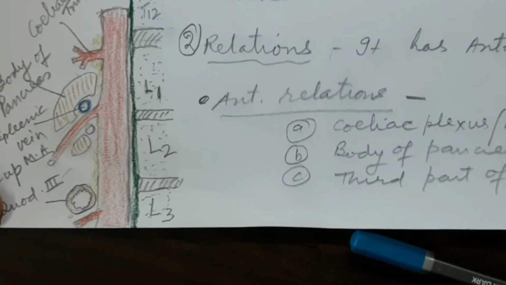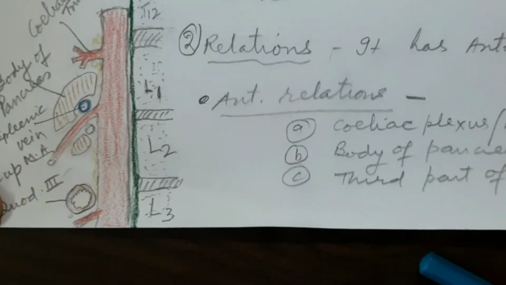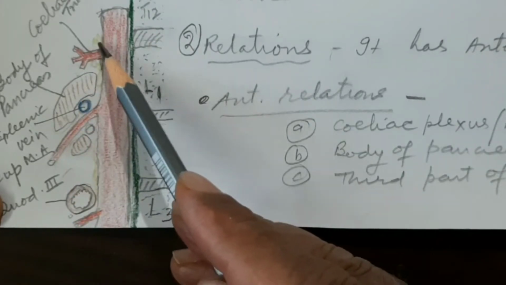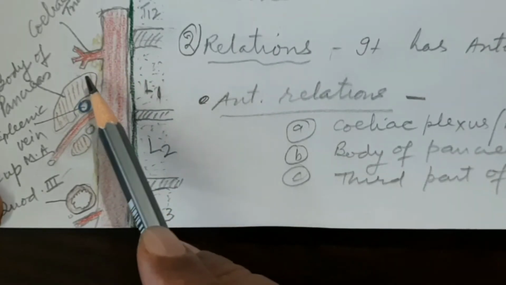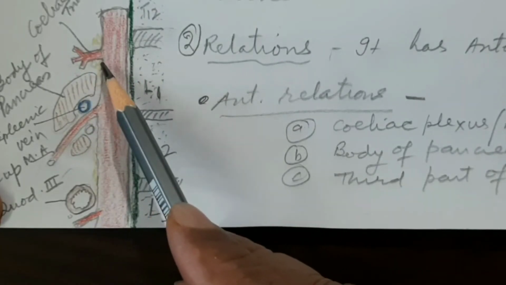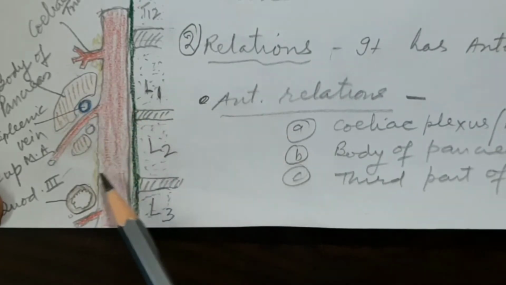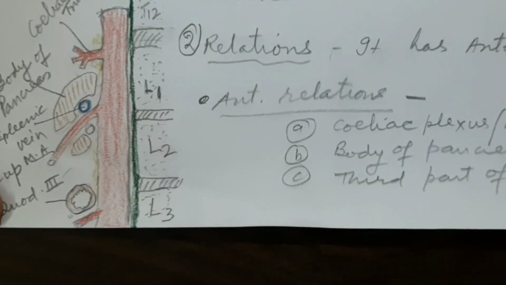So there are many structures present in the anterior relation of the abdominal aorta. So I will just again tell you the anterior relations of the abdominal aorta. It is the celiac plexus which is around the root of the celiac trunk, an autonomic nerve plexus, sympathetic and parasympathetic nerves. Then this plexus goes on to the front of the aorta, that is called the aortic plexus.